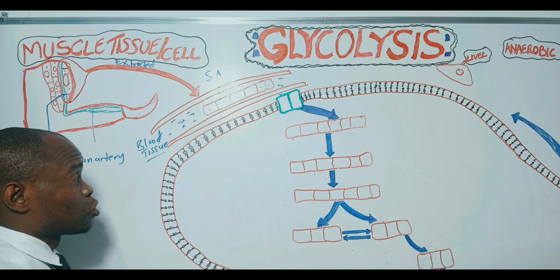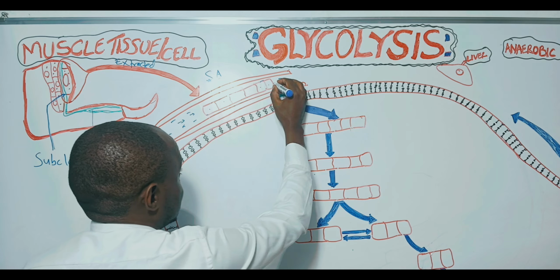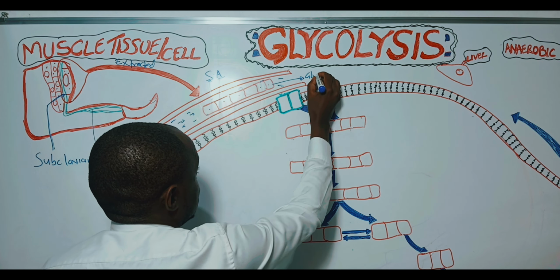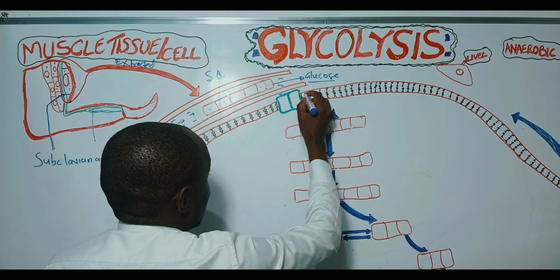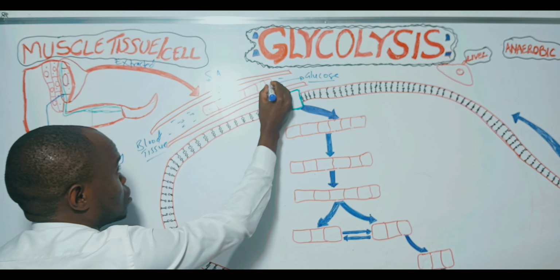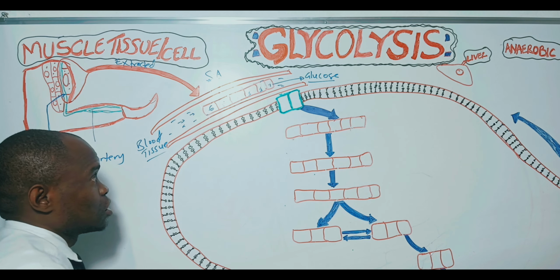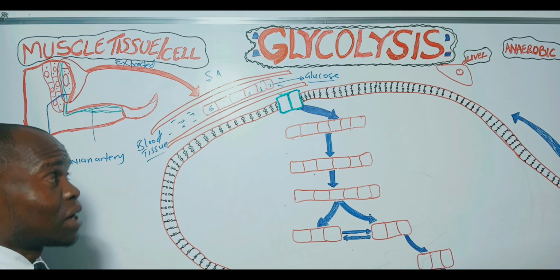But our major focus now is the glucose, which is a nutrient here. This glucose is a 6 carbon atom: this is number 1, this is 2, 3, 4, 5, 6. So glucose is a 6 carbon atom.